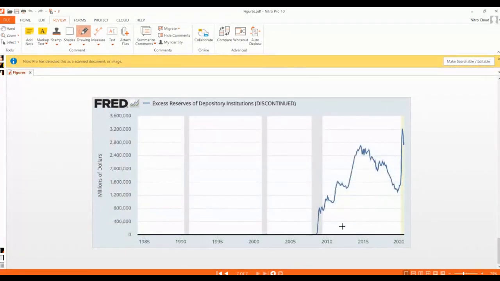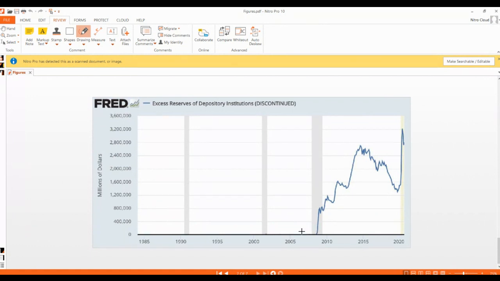What else is going on under the hood? Remember we looked at excess reserves before? Here are the excess reserves again. As I was saying, notice in normal times, excess reserves are very small. Remember back then, two things.